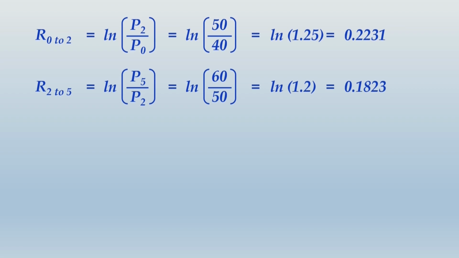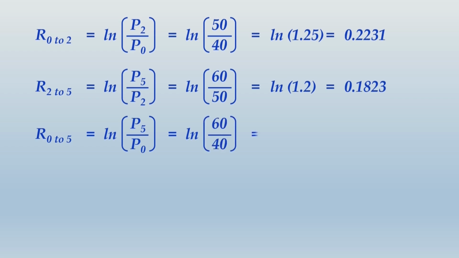So when you compute the return from the beginning till end, that is R0 to 5, it will be ln of P5 by P0, that is ln of 60 by 40 or ln of 1.5. When you make the calculation of ln of 1.5, it will give you 0.4055.